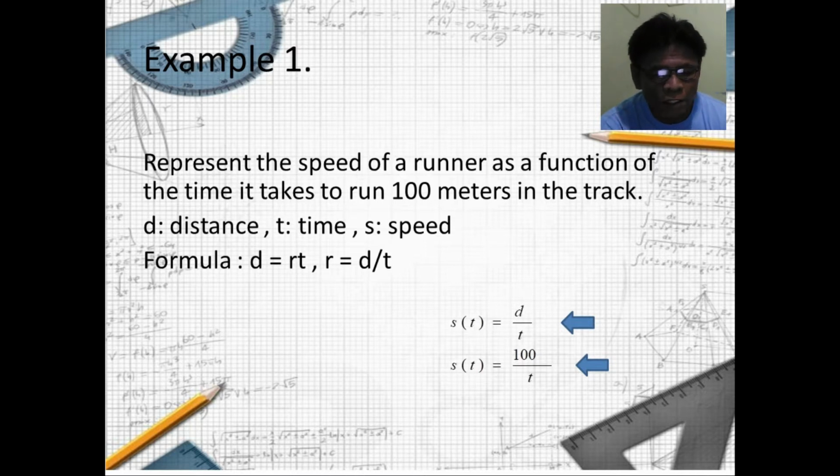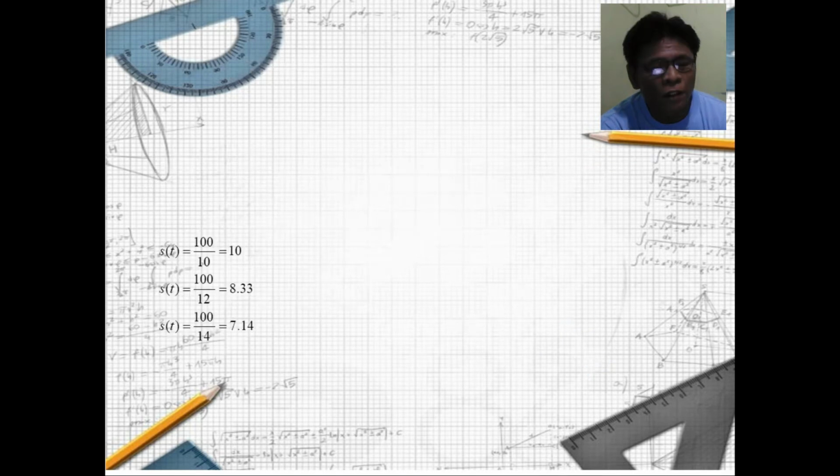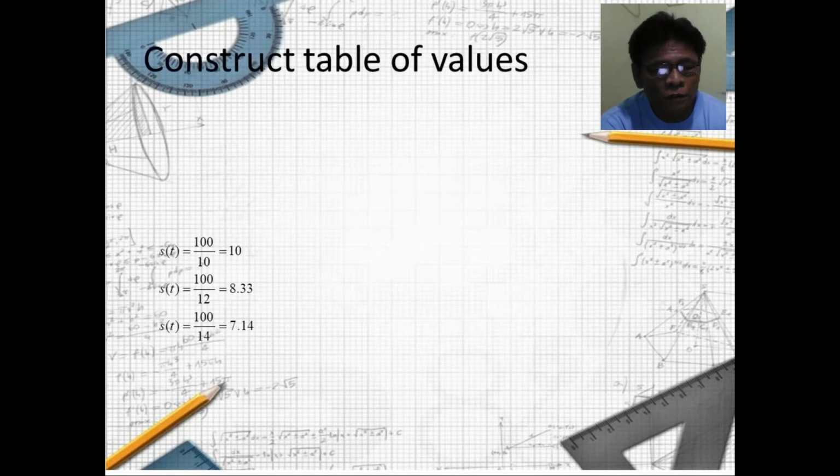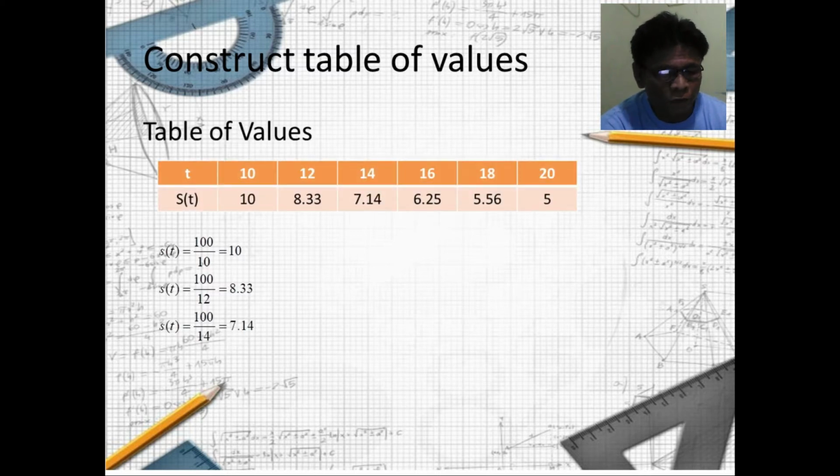By inspection of the expression, we identify where it is undefined. The expression is undefined when t equals 0. Now we construct the table of values. This is our table of values.